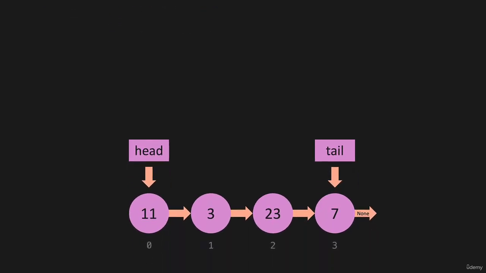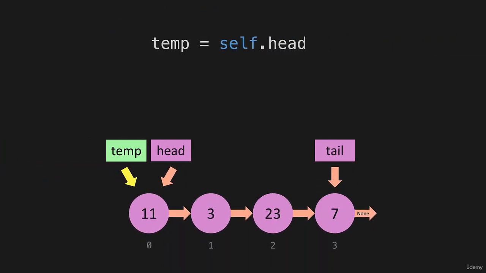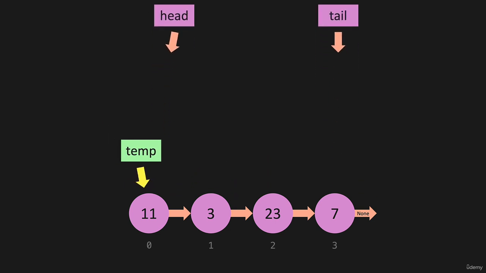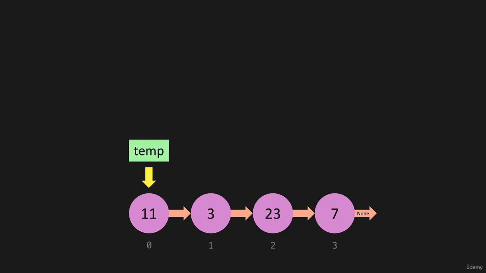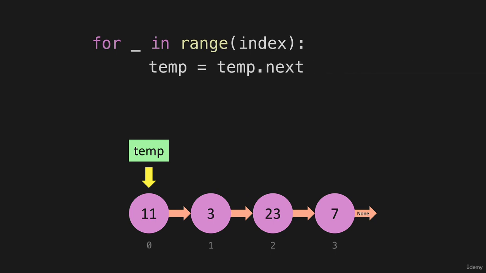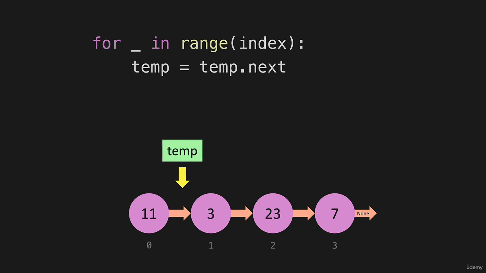So let's bring up our linked list here. And what we did is we set temp equal to head like this, and we'll remove head and tail. And we created a for loop to go until we got to the index. And we would move temp forward by saying temp equals temp.next until we got to the index that we were looking for.